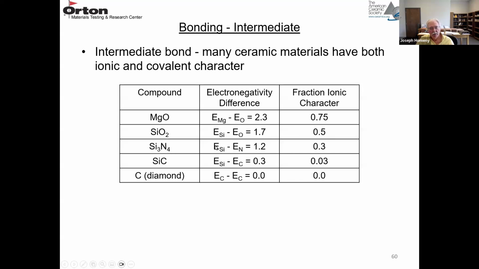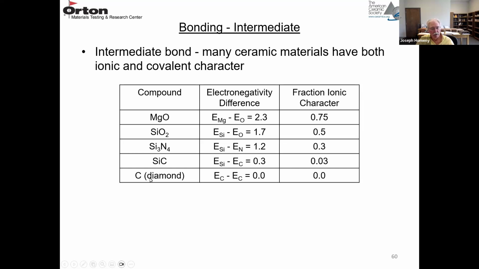Silicon nitride, E of Si minus E of N is about 1.2 or 0.3, or 30% ionic character. Then silicon carbide, E of Si minus E of C is only 0.3. And on that chart, that comes out to 0.03 ionic character. So this is essentially covalently bonded.